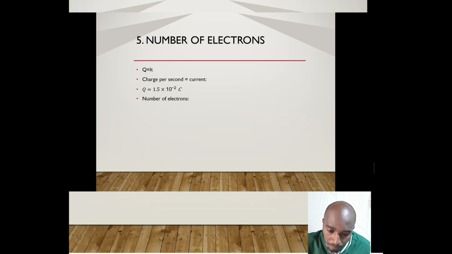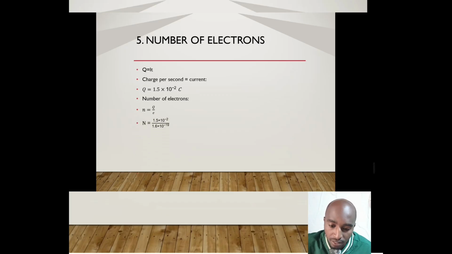Now with that, we know that the charge is also given by the number of charges multiplied by the charge per electron, Q = ne. Making n the subject of the formula, the number of charges is given by the charge divided by the electron charge, the charge of a single electron.